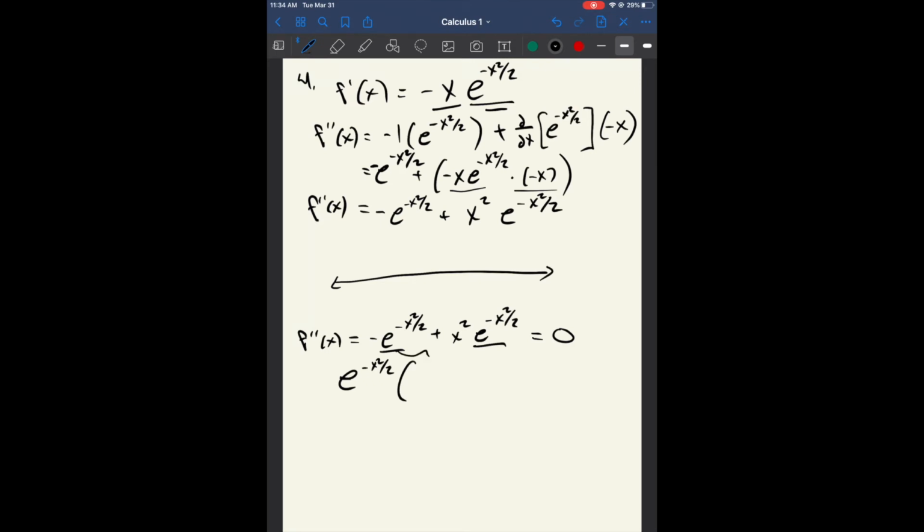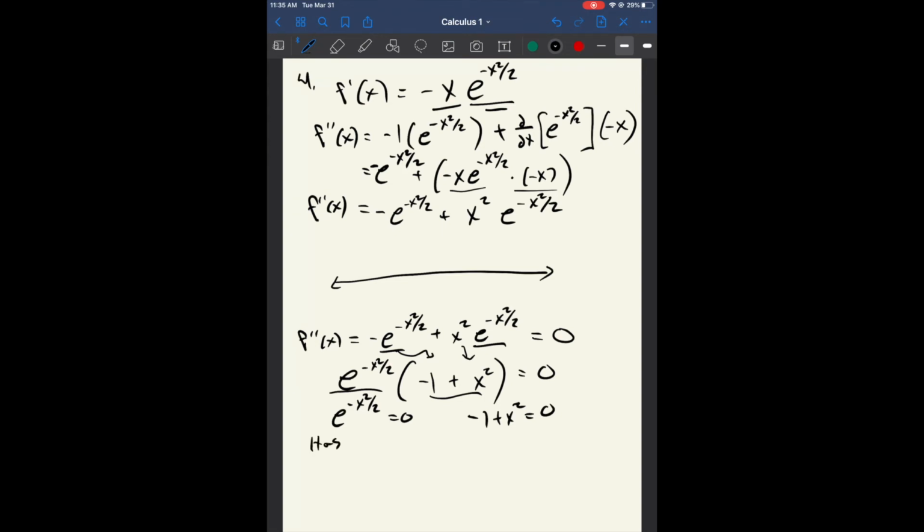When I factor it out of this first term here, it's going to give me a minus 1. When I factor it out of this second term here, I'm going to be left with an x squared. Okay, this equals 0. Once again, this gives us two equations: e to the minus x squared over 2 equals 0 from this term, and then this term gives me minus 1 plus x squared equals 0.